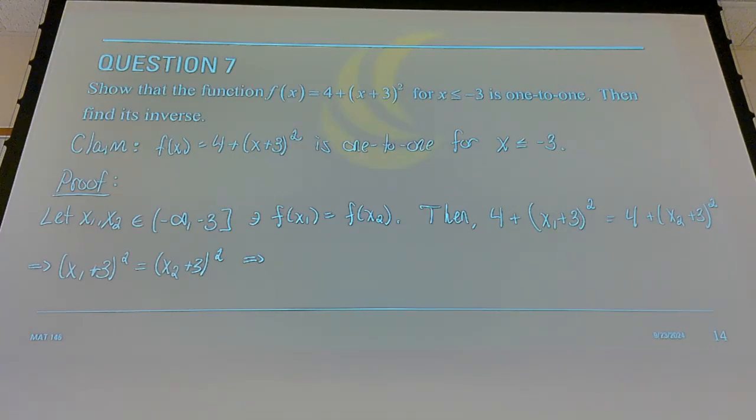What is it? So don't skip the steps. If the square of the values are the same, what about the values themselves?